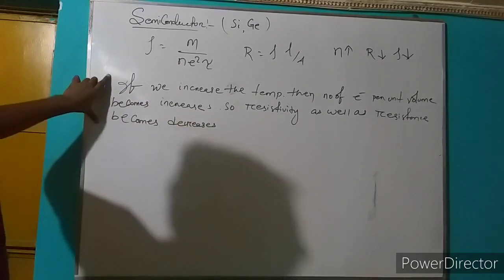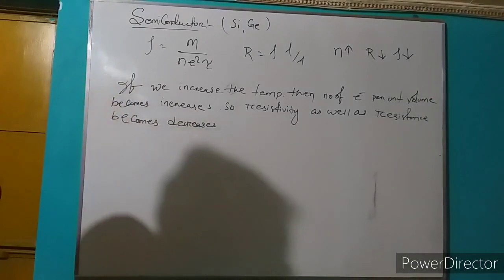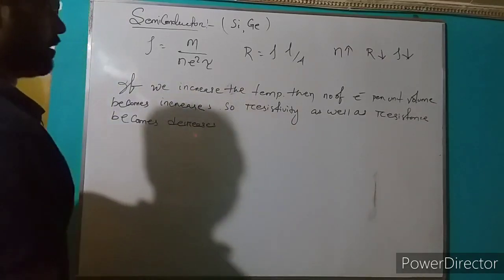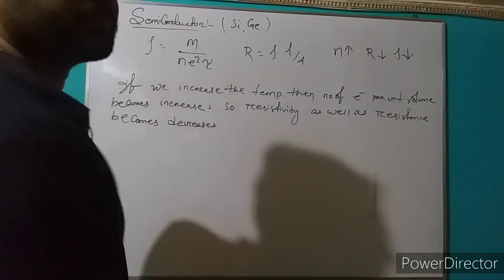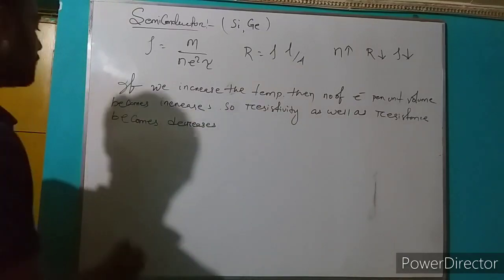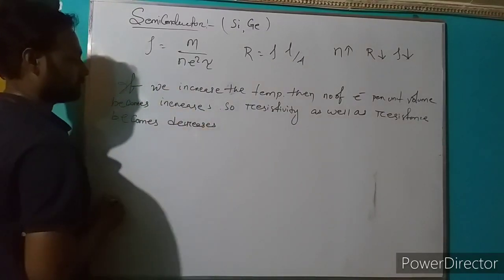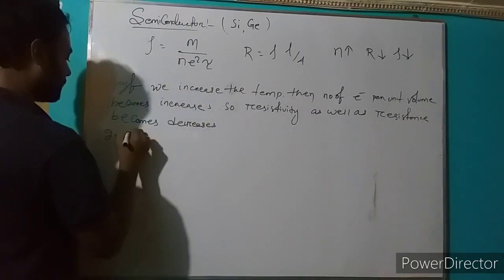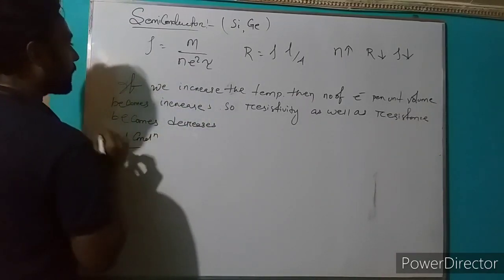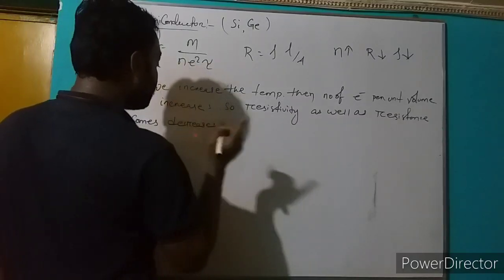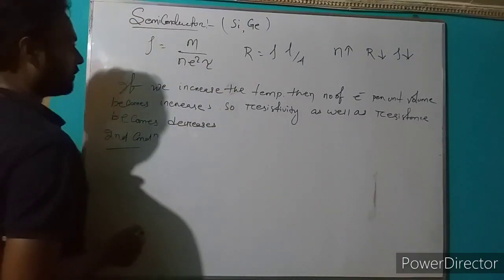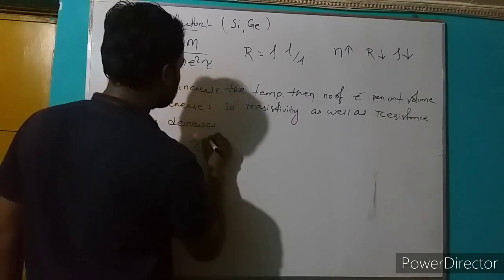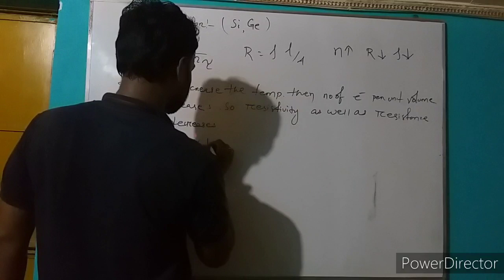This is the very important thing as compared to what I'll discuss. Okay, second condition. The second condition is, if we increase the temperature in a semiconductor, then relaxation time decreases.